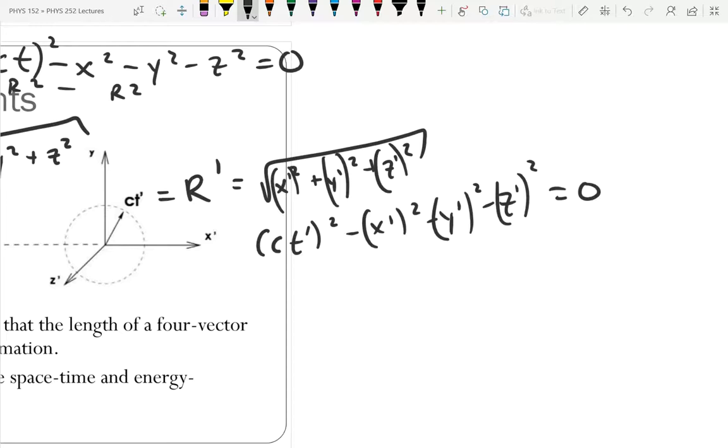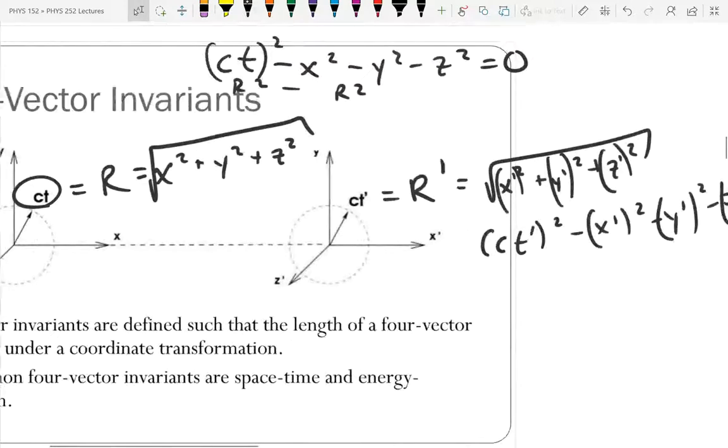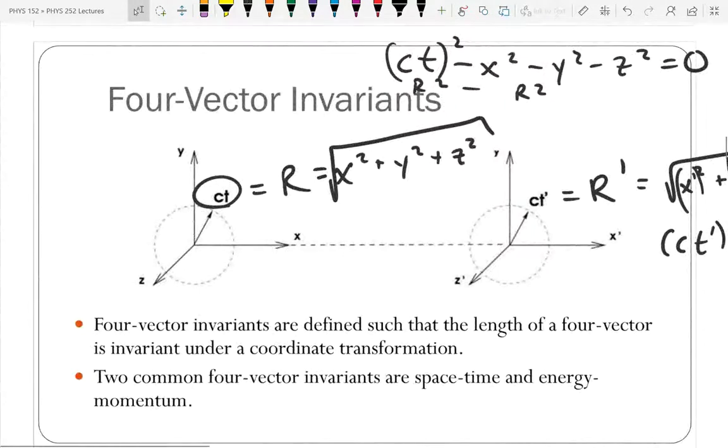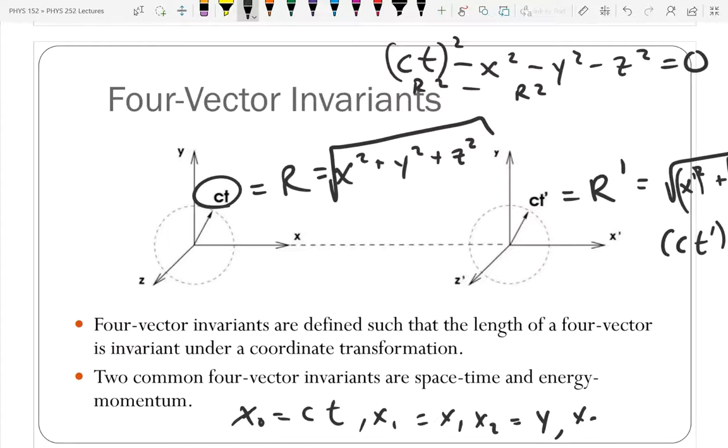I'm not going to do too much vector math here because I'll probably lose you. But what we do to define the magnitude of the 4-vector is define x0 equal to ct, x1 equal to x, x2 equal to y, and x3 equal to z.